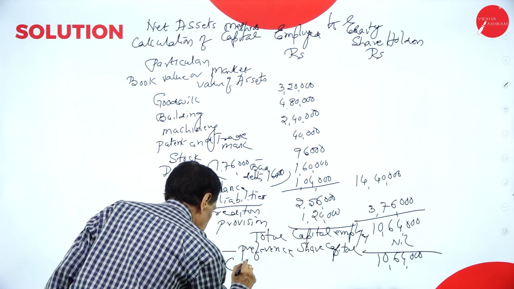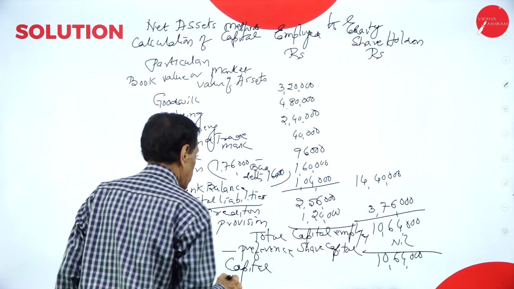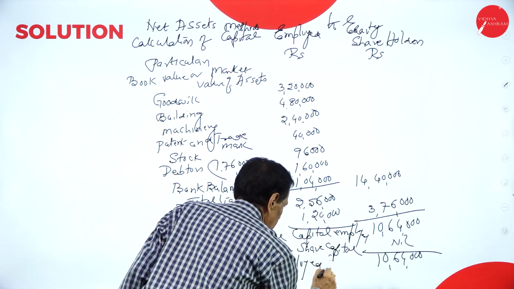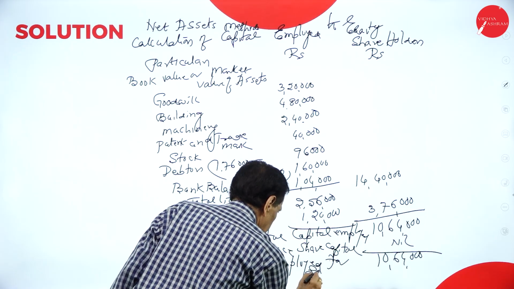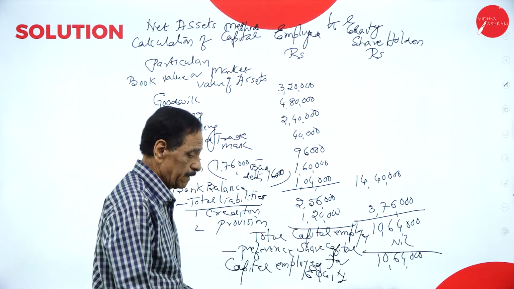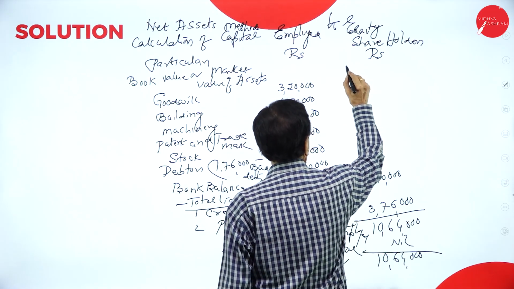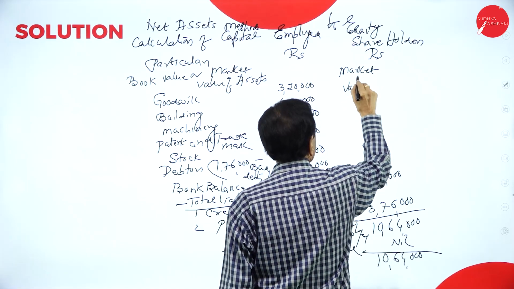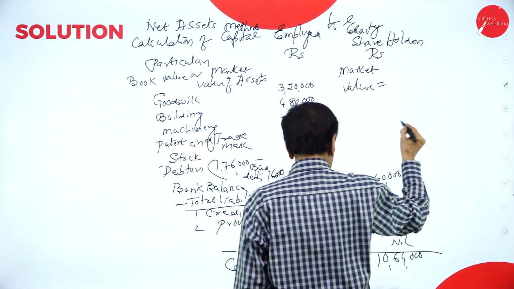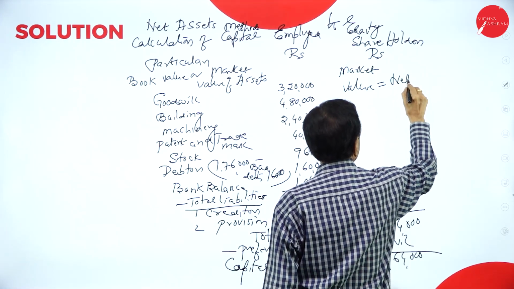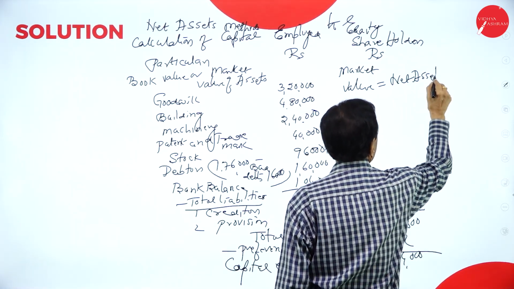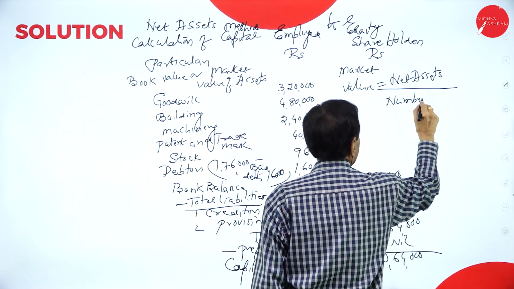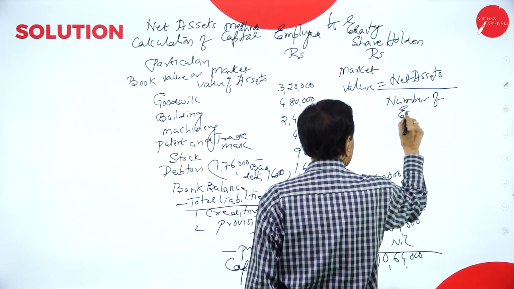Capital employed for equity. Then net asset method, market value is equal to net assets divided by the number of equity shares. The number of equity shares is 4,000.